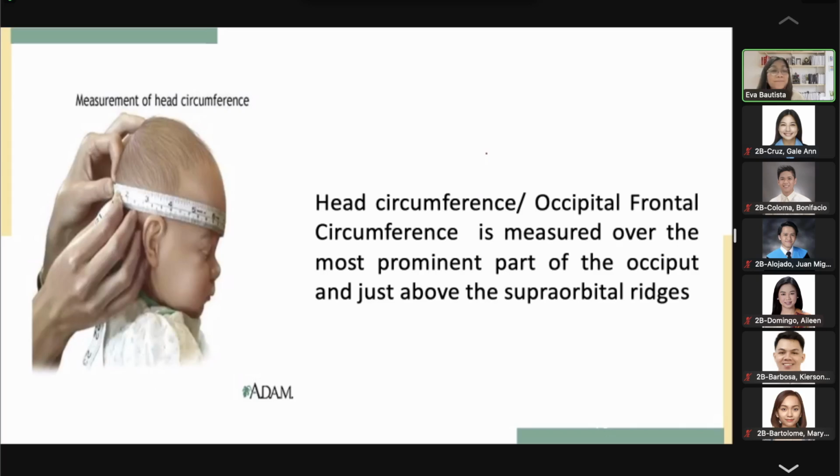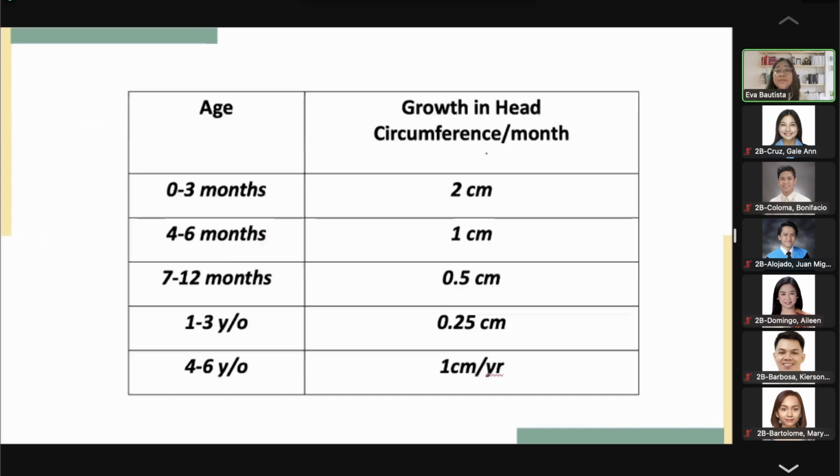Okay. And now this is the increase in head circumference. Okay. And again, another mnemonics to memorize. Okay. The age is divided into 3 months during the first 6 months, and then you have altogether 7 to 12 months. And remember, this is the increase per month, okay? Increase per month.